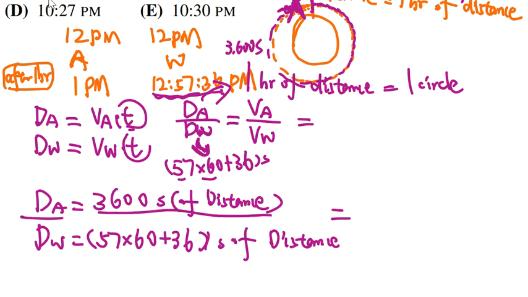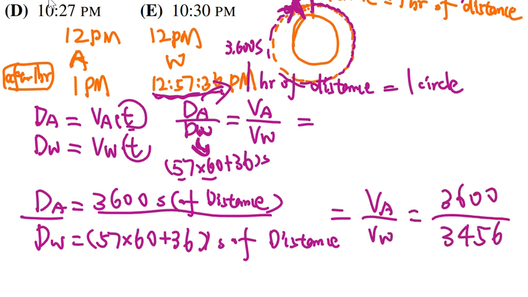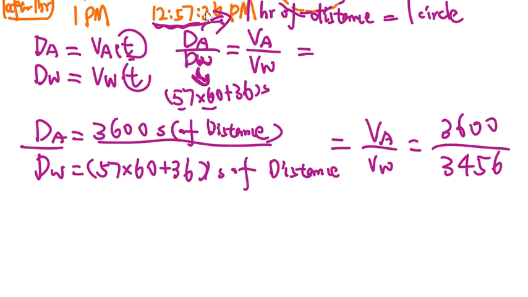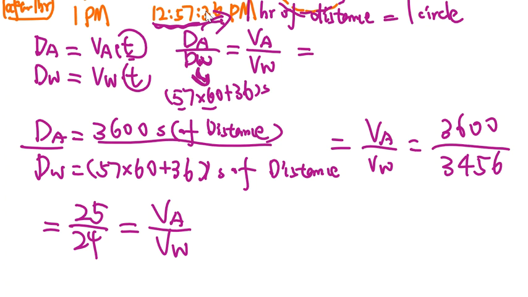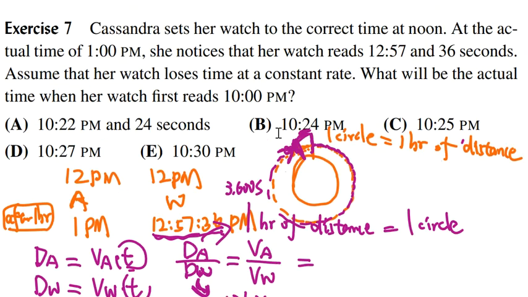So this is your VA and VW. It's going to be 3,600 divided by this, which is 3,456, and we cancel the common factors. We get 25 divided by 24. So we know that the speed of the actual watch and the speed of Cassandra's watch is this number, 25 divided by 24.